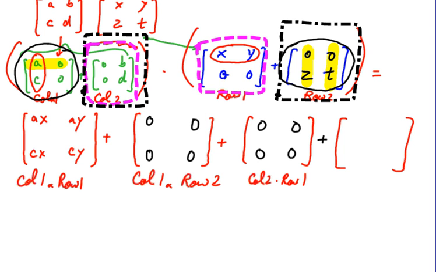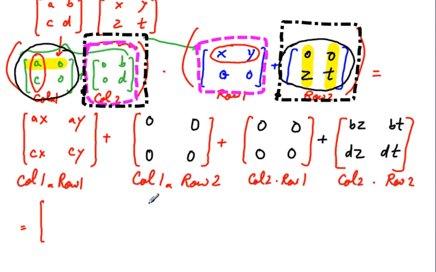Now they multiply: 0b times 0z, who's that? 0b times 0t. 0d times 0z. 0d times 0t. So this was for us the column 2 row 2 matrix. So these guys don't play any role.